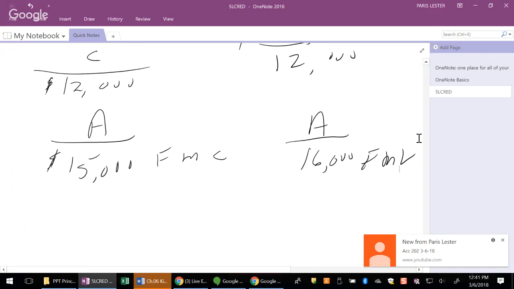If we trade even, how much gain do we have? Our basis is $12,000. Our market value of that automobile is $15,000. We trade it for an automobile whose market value is $16,000. How much of a gain do we have?